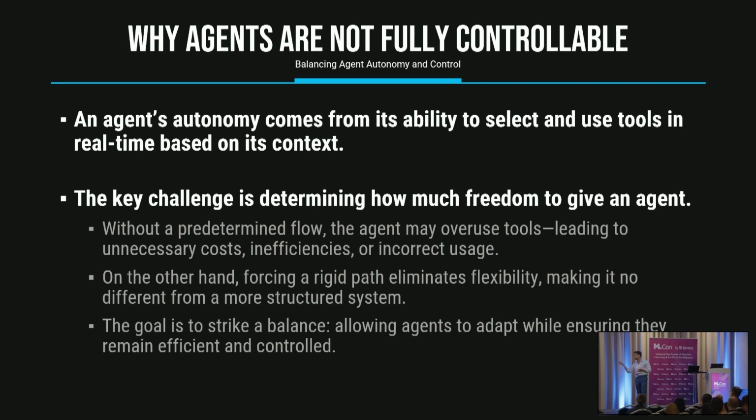On the other hand, if we force a strictly rigid path, well, we are actually eliminating all the flexibility, and so it's no different from a structured system like the toy demo, more complex than the toy demo, but still a very structured system. So the goal is to strike a balance. We should allow agents to adapt, but still ensure efficiency and reliability.